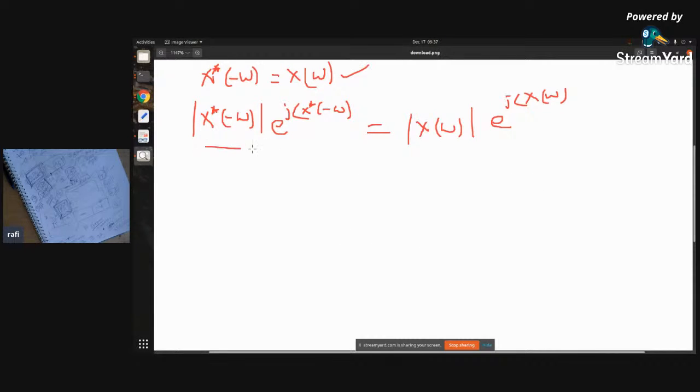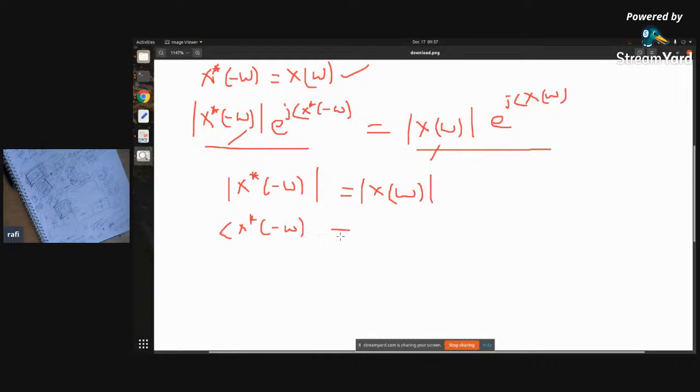If both are the same, their polar forms will also be the same, so magnitude and magnitude should be equal and phase should be equal. So from here we can write that the magnitude of x star of minus omega should be equal to the magnitude of x of omega, and the angle of x star of minus omega should be equal to the angle of x of omega. These two should be the same.